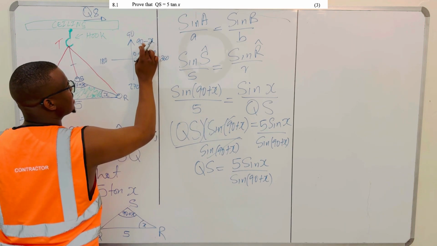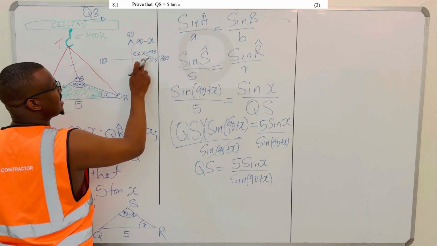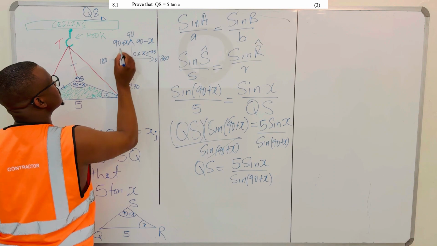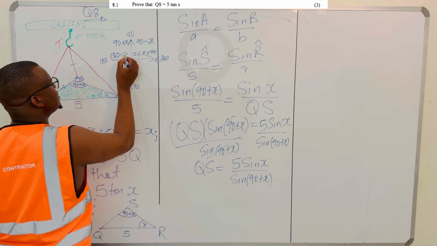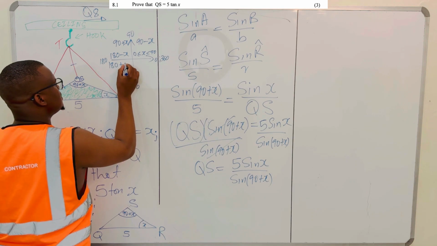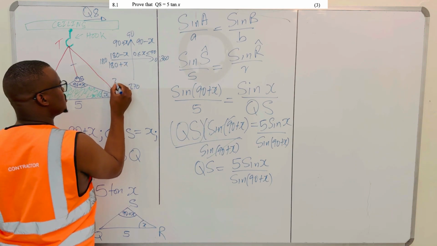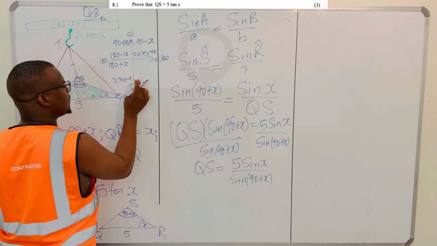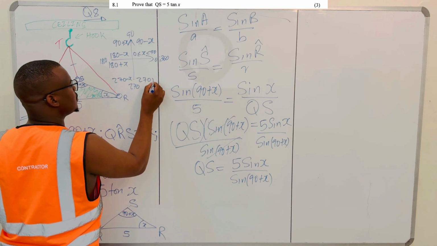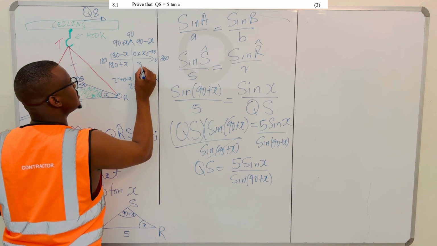These are x, and 90 minus x, that acute angle. This side, they are greater than 90 degrees and less than 180 degrees. Here, they are greater than 180 degrees and less than 270. There, they are greater than 270 and less than 360.